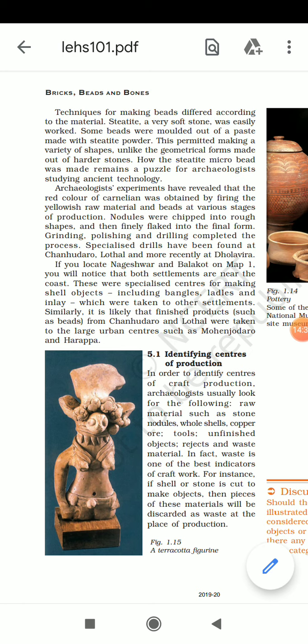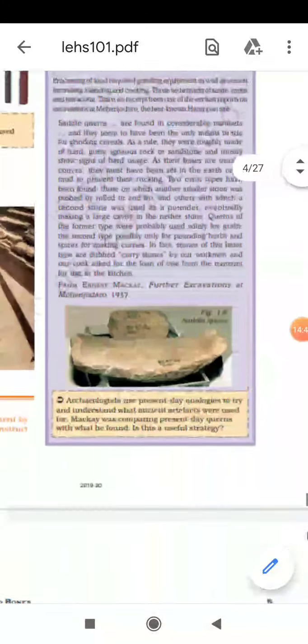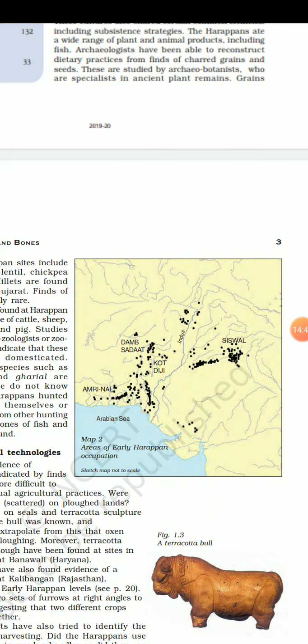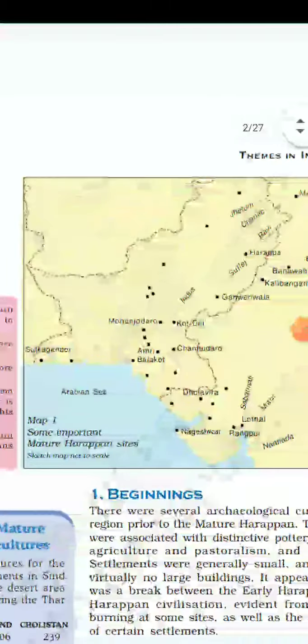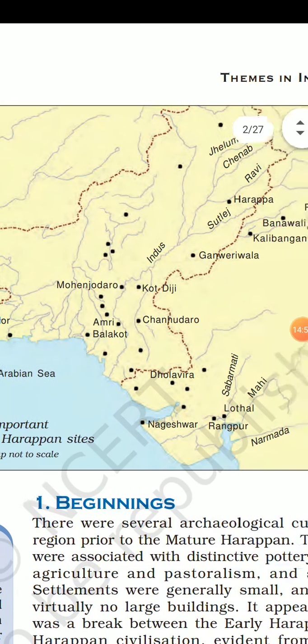If you locate Nageshwar and Balakot on map number 1, we should see that also. Now we would like to go to the upper side and see the map of India also. Yes, this is here. This is Balakot.